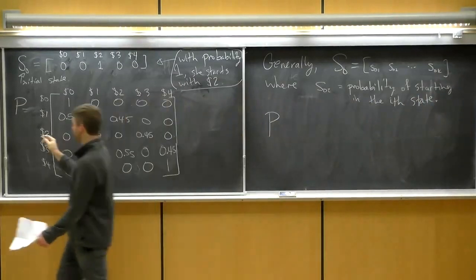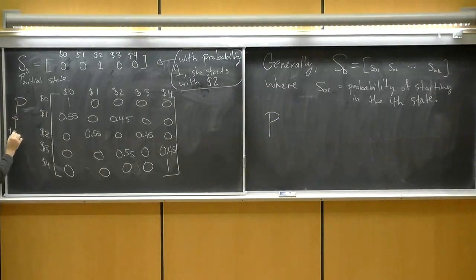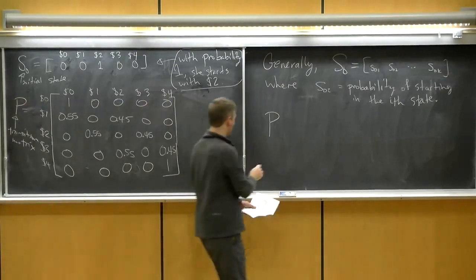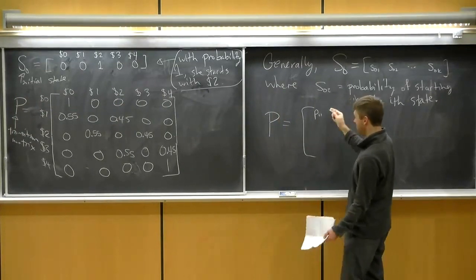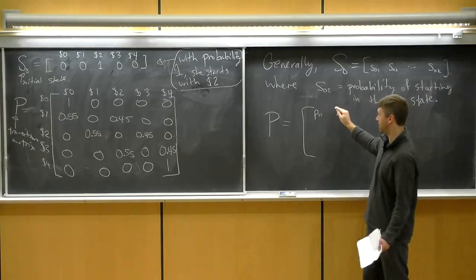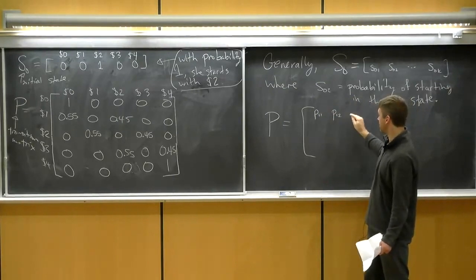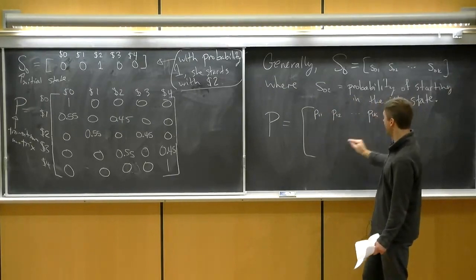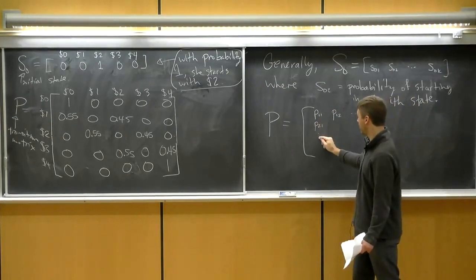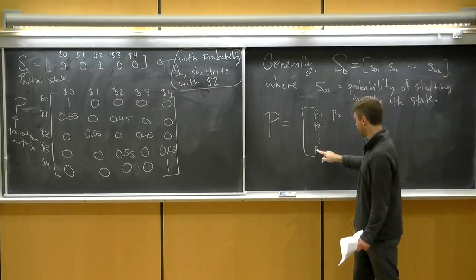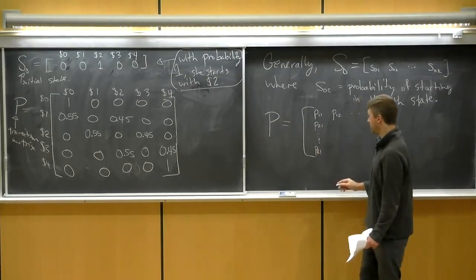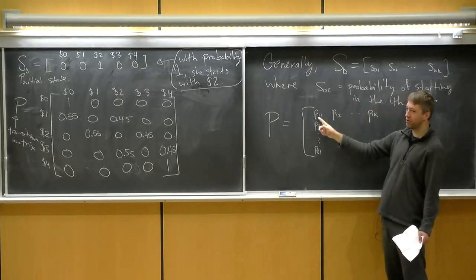Oh, by the way, this P is your transition matrix. So P is going to be P11, and it's a K by K matrix. You have K states. P12 to P1K, P21 down to PK1. In these subscripts, the first one is always the row, and the second one is the column.